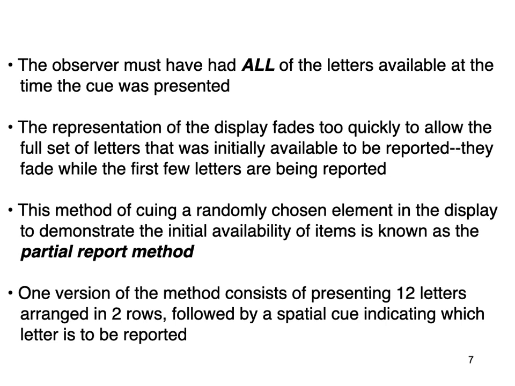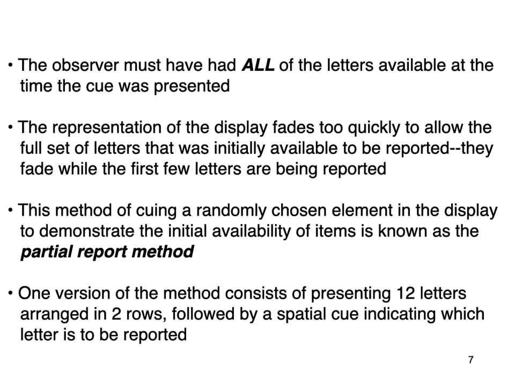So the inference is that if I can test after the display is turned off any one of the letters at random, and you can report that letter, that means you must have had access to all of them at some brief interval.